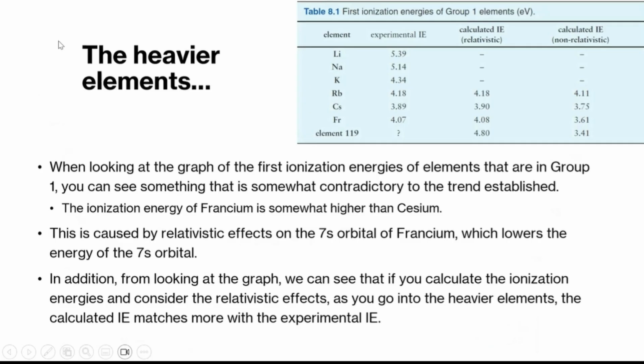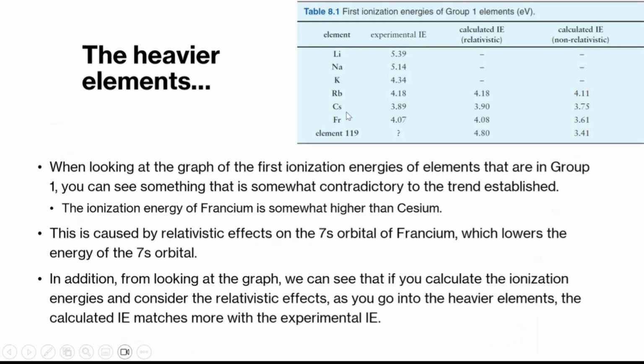We're going to go back to the heavier elements, and talk about first ionization energies in relation to these heavier elements. When looking at the graph of the first ionization energies of elements in group 1, you can see something that's kind of contradictory to that trend that's first established.